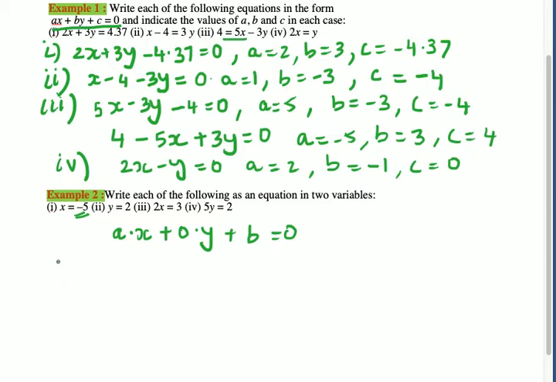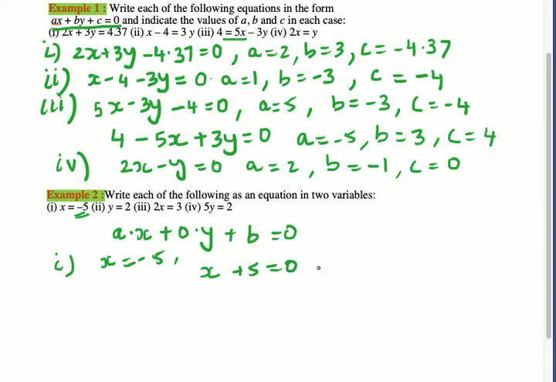So let's take the first problem. x equal to minus 5. So in this case it becomes x plus 5 equal to 0. So we have to write it in this form.